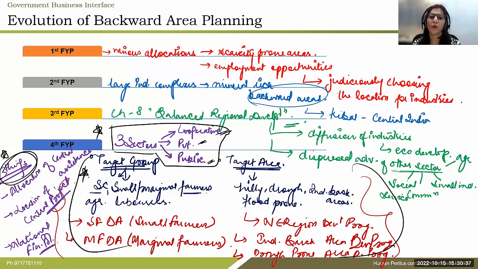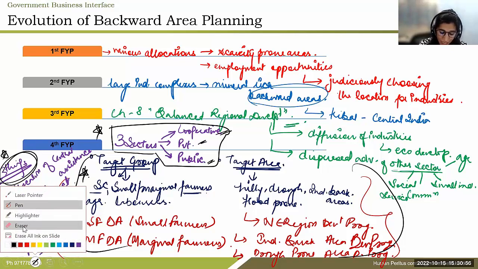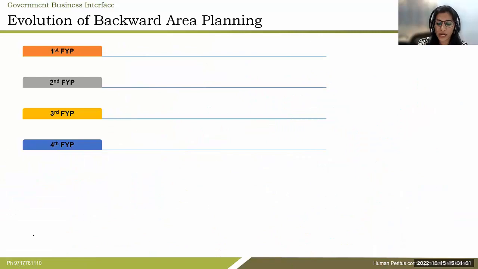Sometimes even straightforward questions can be asked, such as which plan period the backward area planning started from. So the fourth 5-year plan can help you write a better answer. I would have to erase it here so that we can move ahead with the other plans.